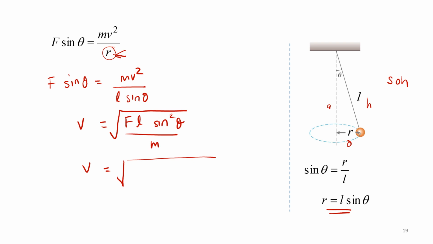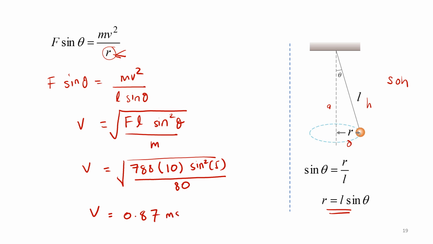The F is 788, the length is 10 meter, sine square theta is 5, divided by the mass of the bulb, which is 80 kilogram. So the velocity we will have 0.87 meter per second.